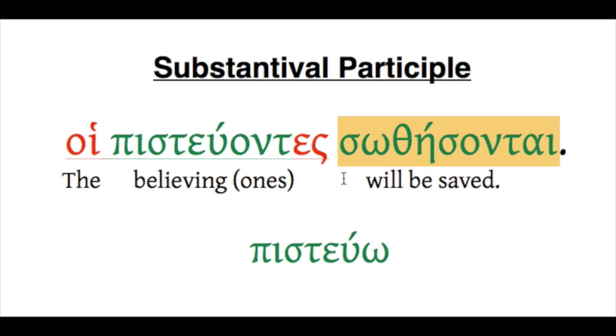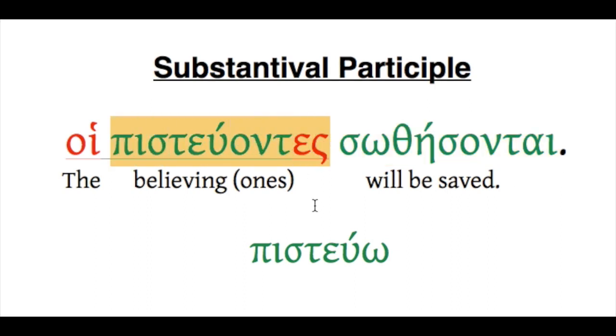Okay, but let's look at this participle. Hoi pistuantes, the believing. Now, how do we know that's a participle? We're going along and we're reading. Well, for one thing, it has an article. Verbs don't have articles like this, right? Another clue, though, the big one is nu tau. That says, hey, I'm a participle. And look at this.